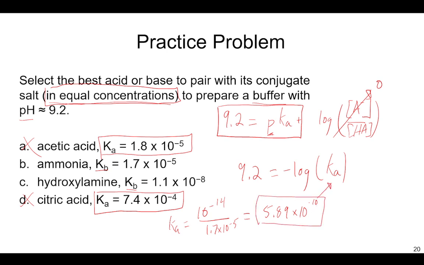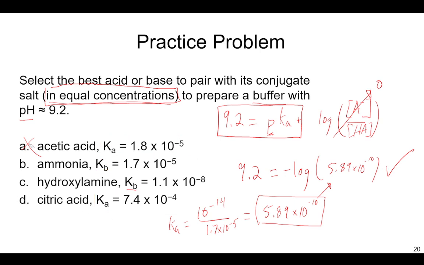And I can plug that in here and see, does that give me 9.2? And when you do that on your calculator, you'll see, yes, that does give me the value of 9.2. So the correct answer here is B. You can try option C as well, convert that Kb to a Ka and plug it in. It will not give you a value of 9.2. So the correct answer here should be ammonia.